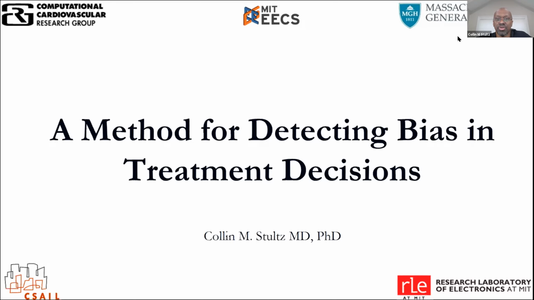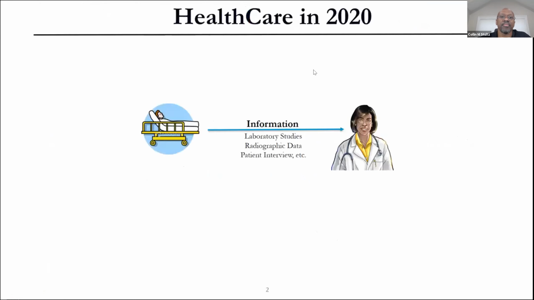And I like to begin these talks by following up somewhat on the comments that I made in my opening remarks. So healthcare. Today, the patient provides information to the healthcare provider.